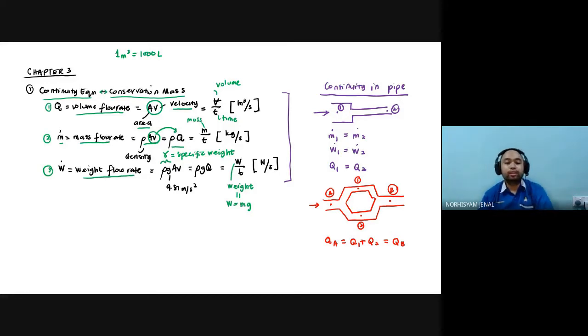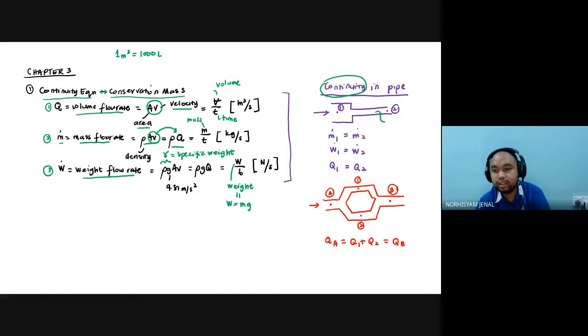Okay. So for any questions regarding continuity equation or conservation of mass, all right. So usually the part where you need to remember is this part over here where we call this continuity. Continuity means that whatever comes in on one side will come out to the other side based on the direction of flow, meaning we don't have any losses, we don't have any way for the liquid to come out from the system.